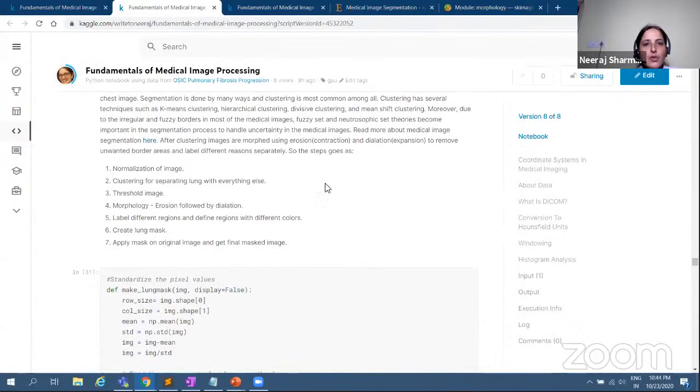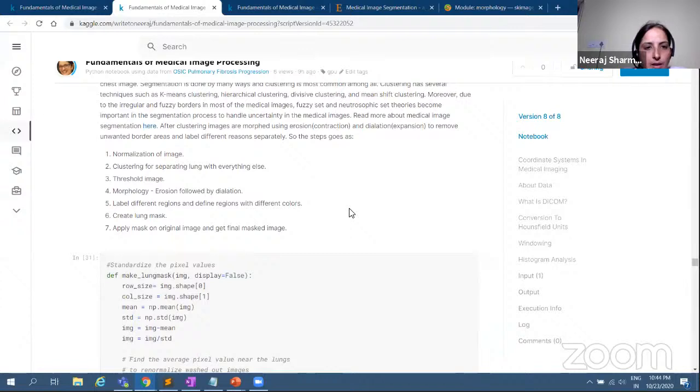Yeah. So this is the normal procedure for how we do the segmentation part. We normalize the images first. Normalization normally means taking the mean and then dividing by the standard deviation of the image. Then we cluster it. We all know that clustering is the best technique to group two or more things.